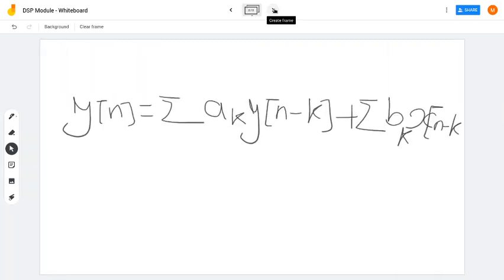So applying Z transform over here, this would be Y of z equals two.